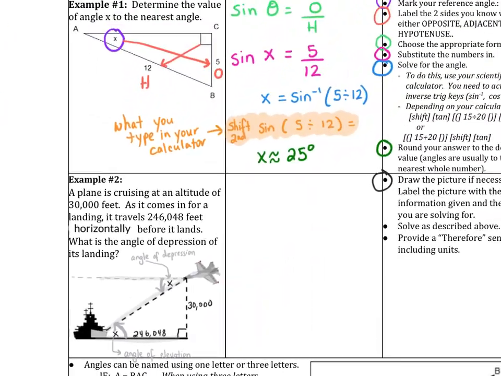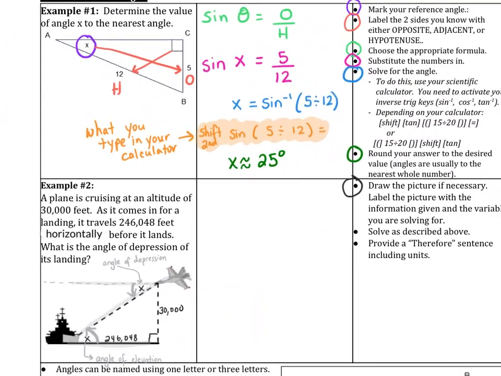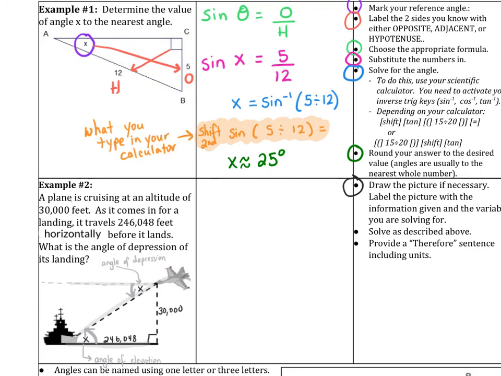Now to solve this, you're going to use the same steps that we did above. Mark your reference angle. The reference angle is right here. Label the two sides you know. So this 30,000 is opposite the reference angle, so that is the opposite side.